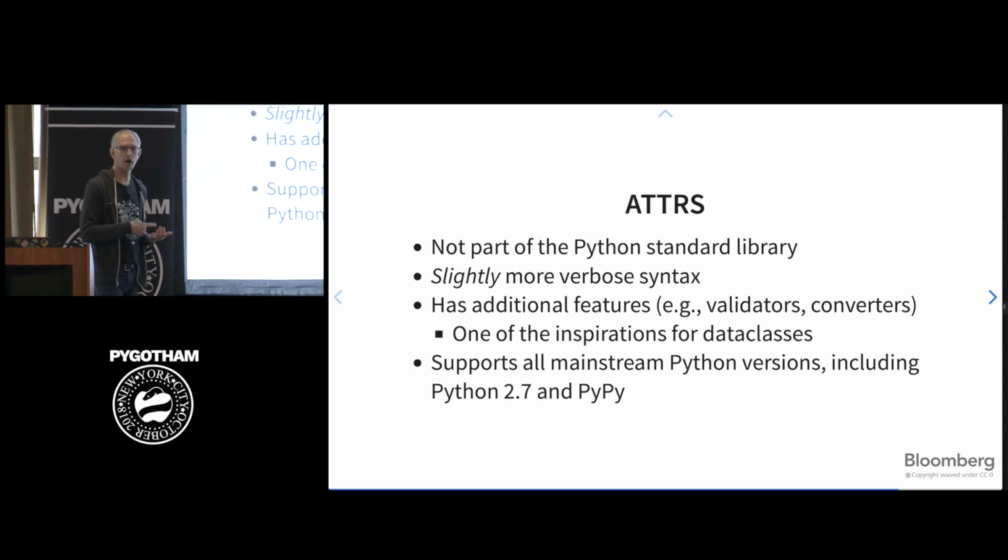Attrs is not part of the standard Python library, but it provides essentially a superset of the features available in data classes. It does have a slightly more verbose syntax, and I do mean slightly. And it has additional features such as validators and converters, and it was one of the inspirations for data classes. And for those of us that still have to support Python 2.7, it has support for that.